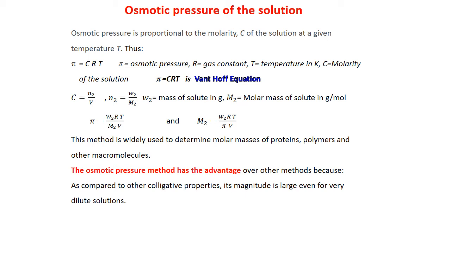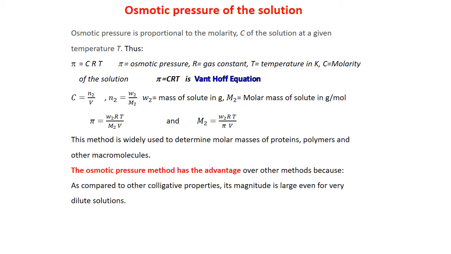We can calculate molecular mass as osmotic pressure is directly proportional to concentration, means number of particles per unit volume, per liter volume, so it is a colligative property. And it is used for determining the molecular mass of proteins, polymers and macromolecules.